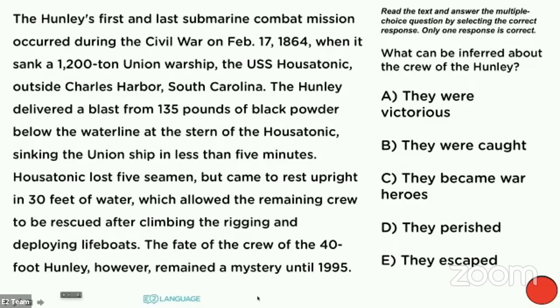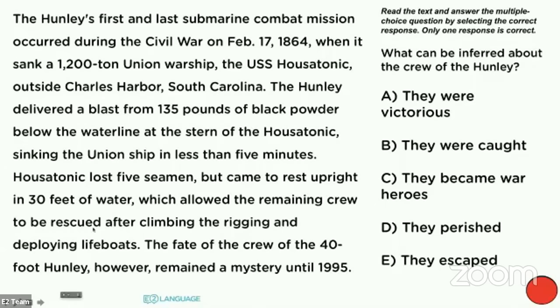The Hunley delivered a blast from 135 pounds of black powder below the waterline at the stern of the Housatonic, sinking the Union ship in less than 5 minutes. Housatonic lost 5 seamen, but came to rest upright in 30 feet of water, which allowed the remaining crew of the Housatonic ship to be rescued after climbing the rigging and deploying lifeboats. The fate of the crew of the 40-foot Hunley, however, remained a mystery.